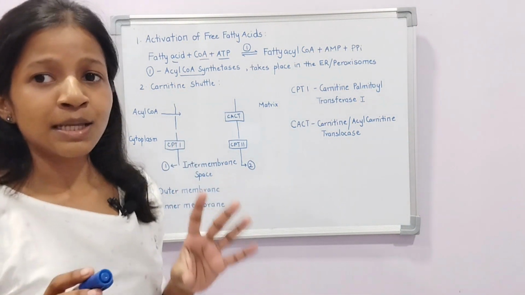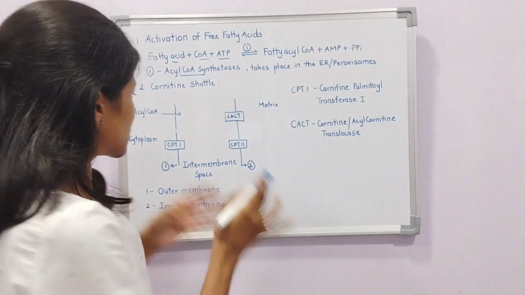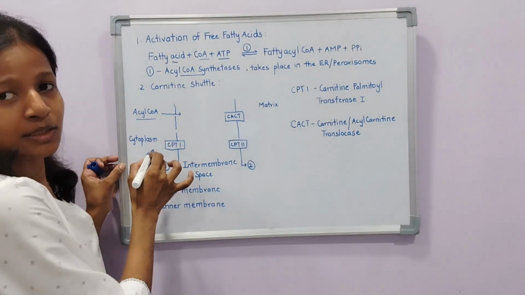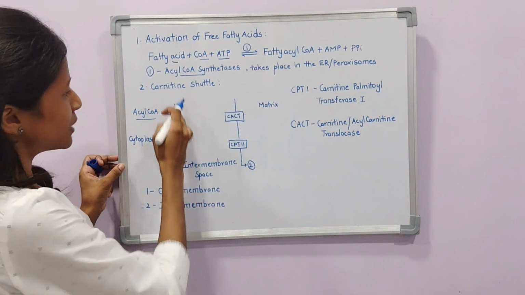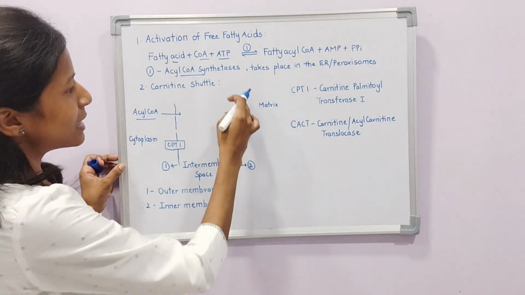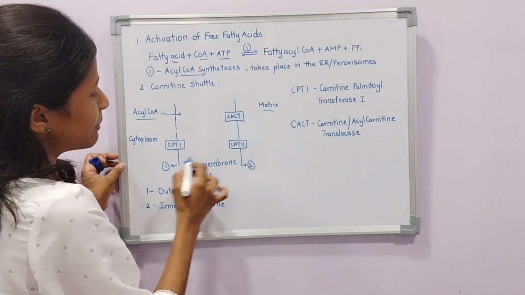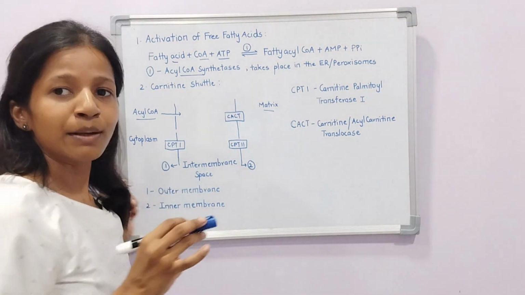There are 3 steps involved in the carnitine shuttle, the ultimate aim of which is to bring the acyl-CoA from the cytoplasm. So here we have the cytoplasm. This is the outer mitochondrial membrane. This is the inner mitochondrial membrane, and we have the matrix here. In between the outer and inner mitochondrial membrane is the intermembrane space.